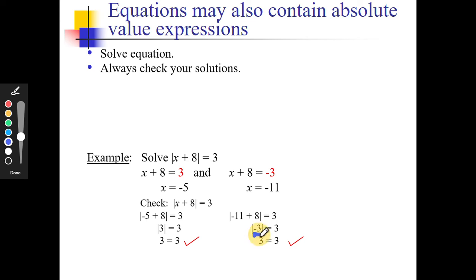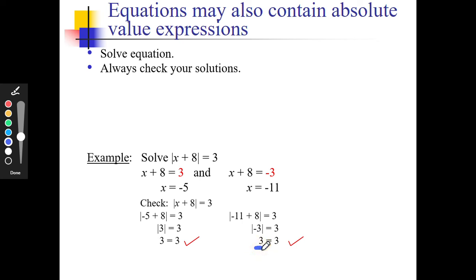The question is, how far is negative 3 from 0 on the number line? That's the question. How far is negative 3 from 0 on the number line? And that is obviously 3. That's how we got this 3 right here.